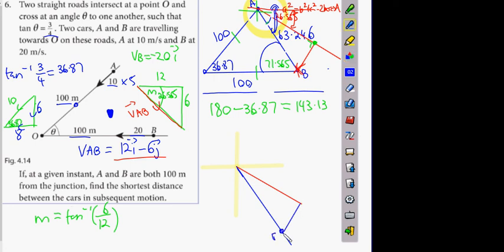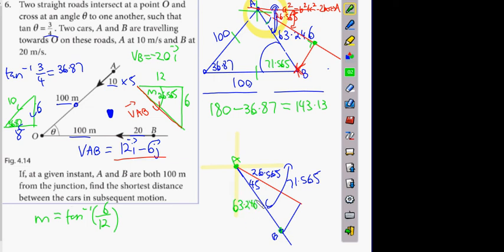Okay, and then if we zone in on this angle here, we already said that this is 26.565. We said that this angle here is 71.565. Take them away from each other and you find out that this here is 45. Okay, it's 45, and what we know is that this here is A, that's B. What's the distance from A to B? 63.246.